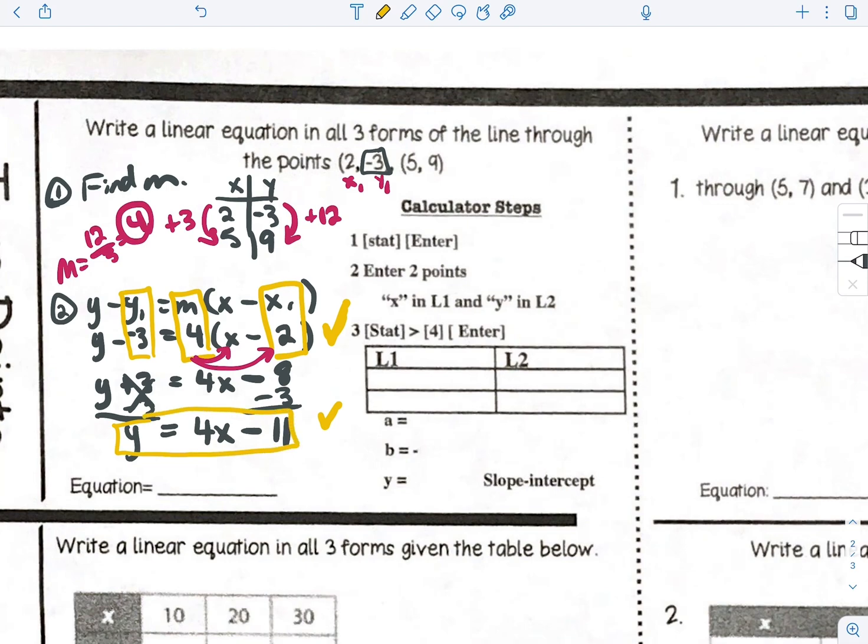All right, last step is to take the 4x, put it over here with the y, if we want to turn it into standard form. So we subtract 4x from each side, and we're left with -4x plus y equals -11.